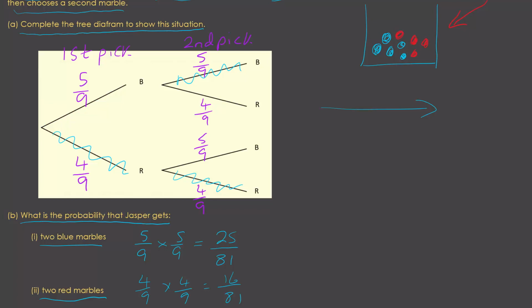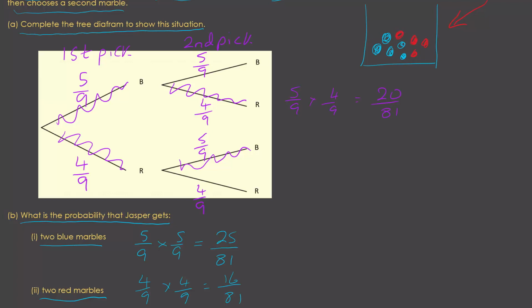Now, we then want 1 marble of each colour. There's a couple of different ways of doing that from what we know so far. So 1 of each colour could be getting blue and then red, or red and then blue. So, if we go blue-red across the top of the diagram there, that's 5 over 9 times 4 over 9, which is 20 over 81.